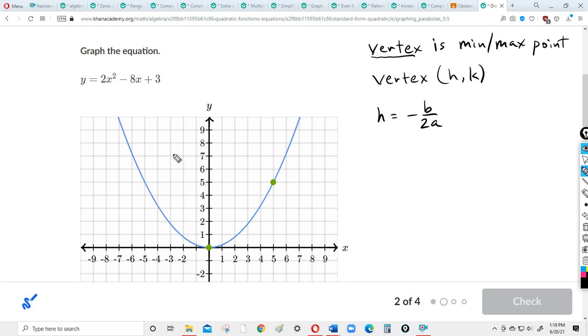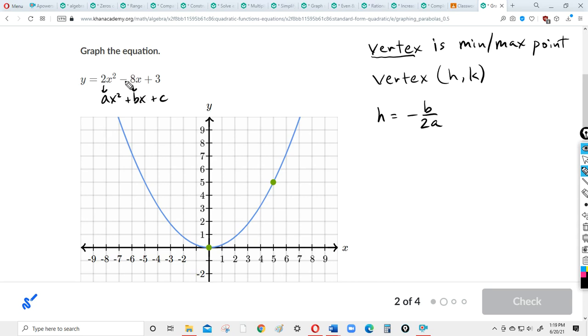All right, so this is our equation here. It's in the form ax squared plus bx plus c. So you can clearly see that a equals 2 because that's the number with x squared. And you can clearly see that b is negative 8 because that's the number with x.